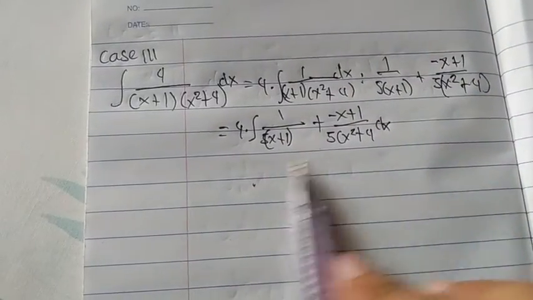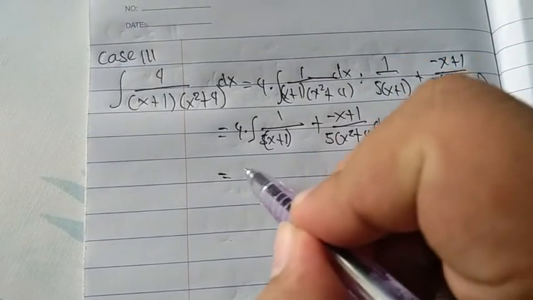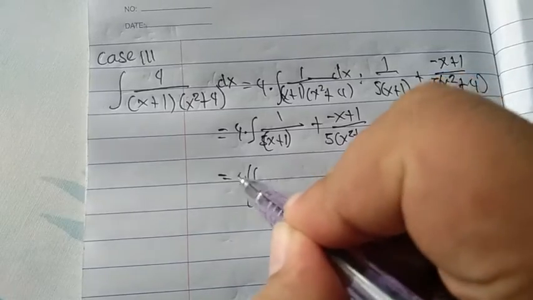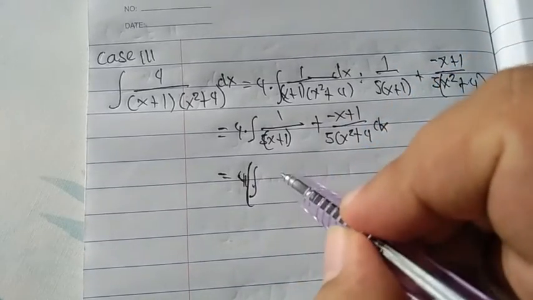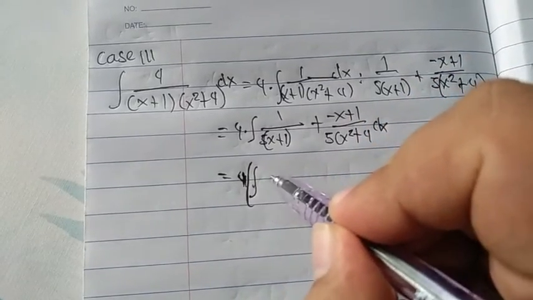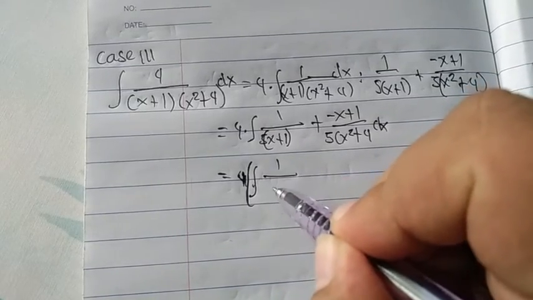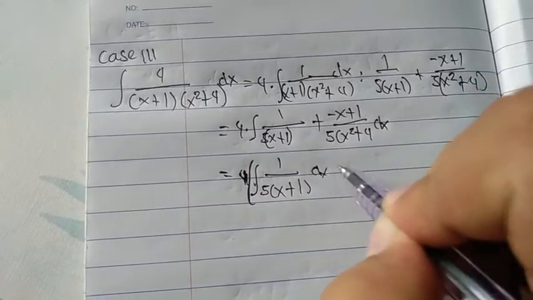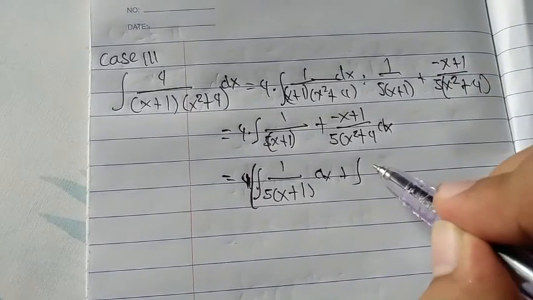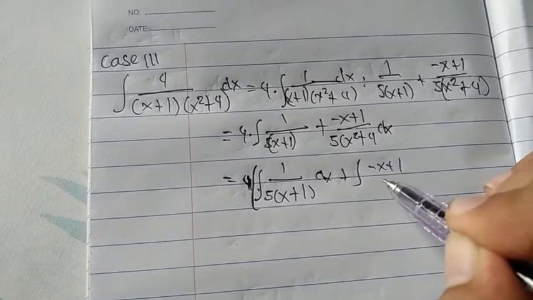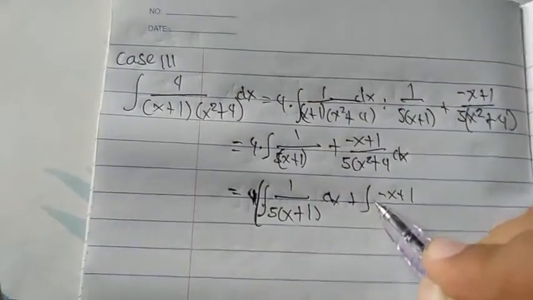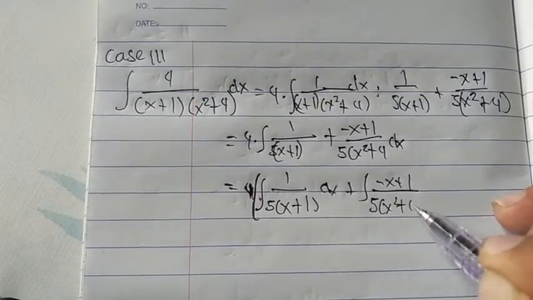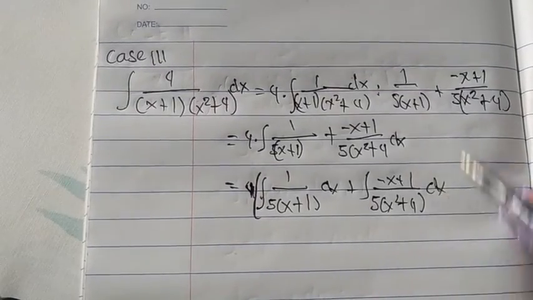Then we apply a sum rule right here. This will be 4 times the integral of 1 over 5(x plus 1) dx plus the integral of (x plus 1) over 5(x squared plus 4) dx.